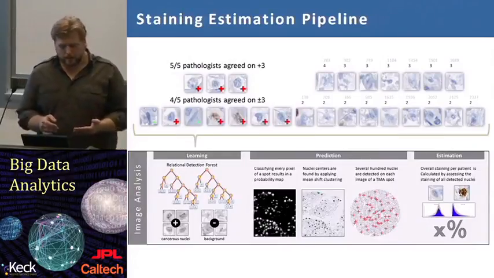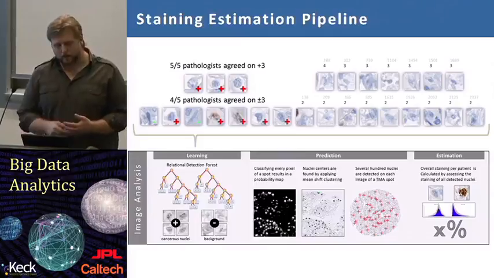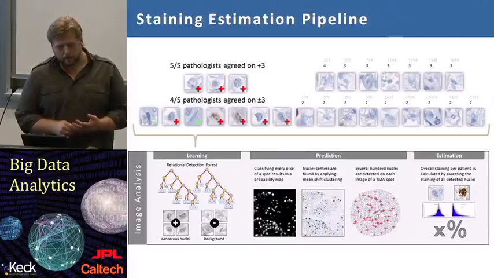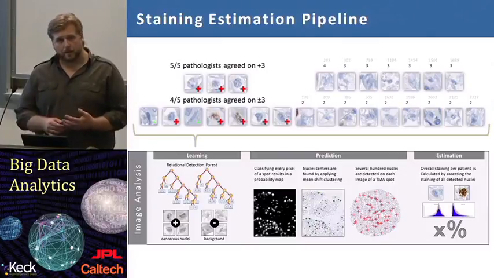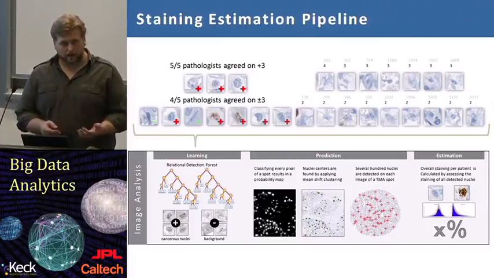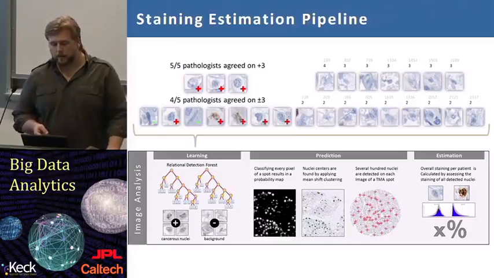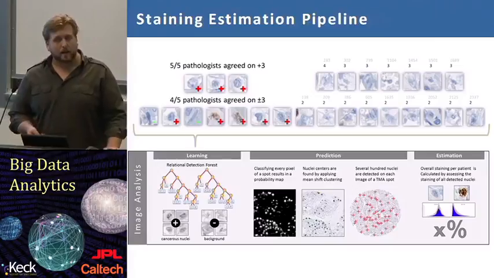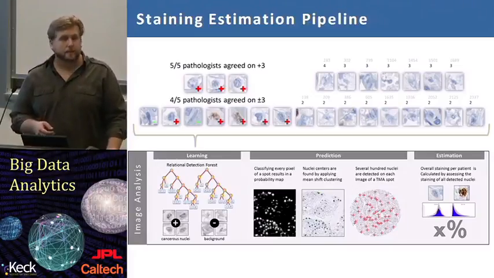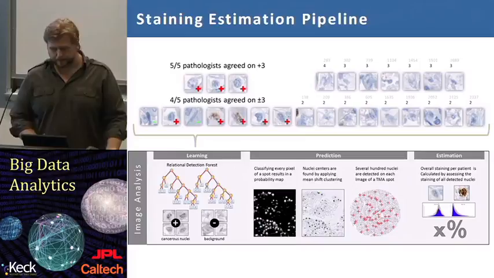So at the top you see cell nuclei and background for which most of the pathologists agreed that it actually is a cell nucleus or background. What we do then is we train a random forest based on several features, computer vision features we extract around points of interest, and then apply that in a sliding window manner over the whole image, so that at the end of the day we end up with detected cell nuclei, and based on their color we can estimate the staining for a specific patient.